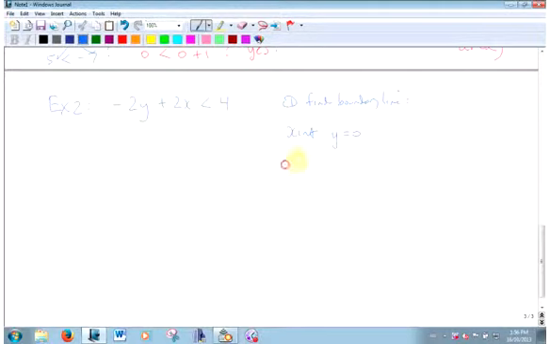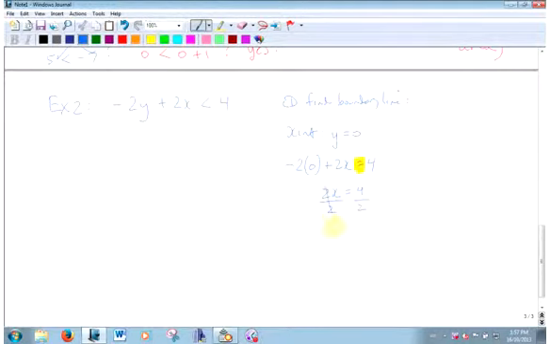So substitute y is 0. -2 times 0 plus 2x. We're going to treat this as an equation, so we get rid of the inequality. We just want the line here. I'm not shading it, so I just make it an equals. That's 0. I have 2x is 4.